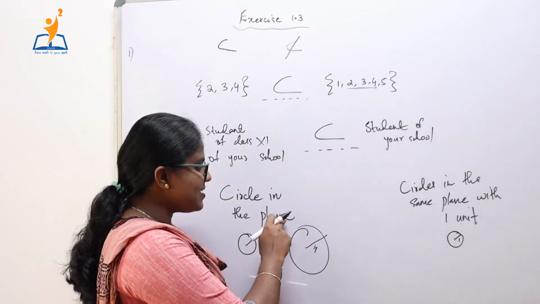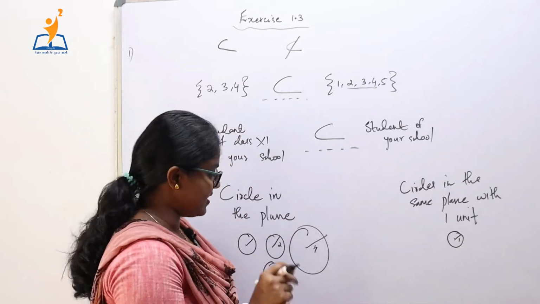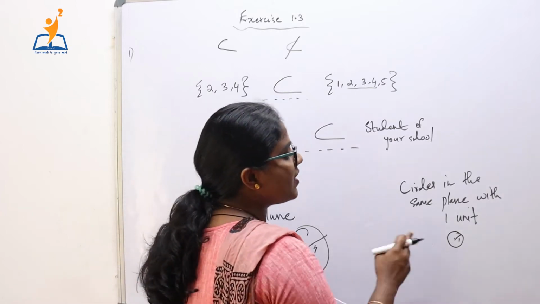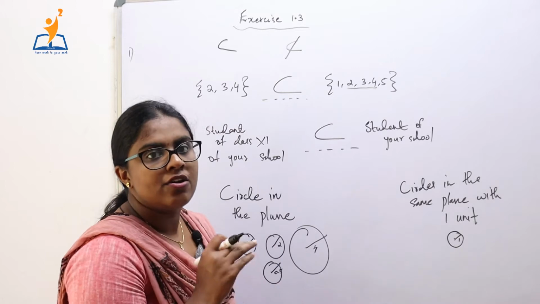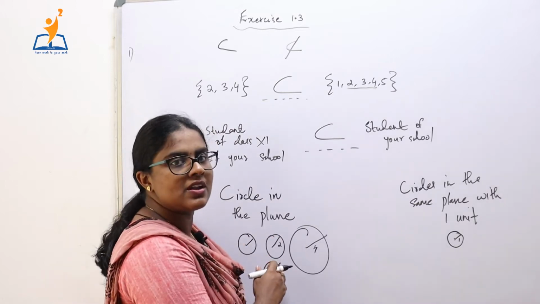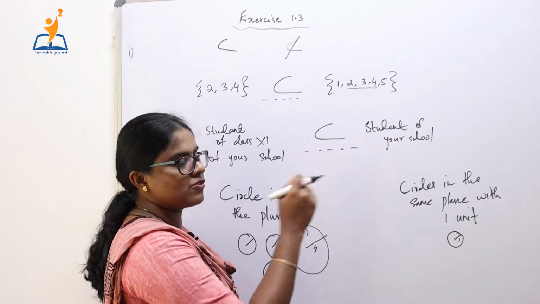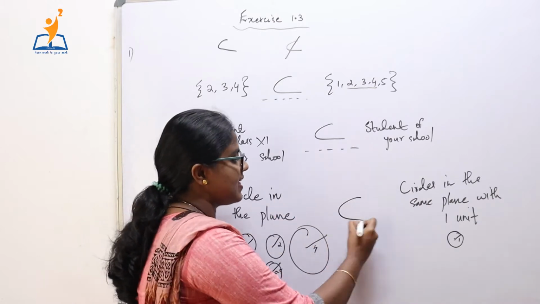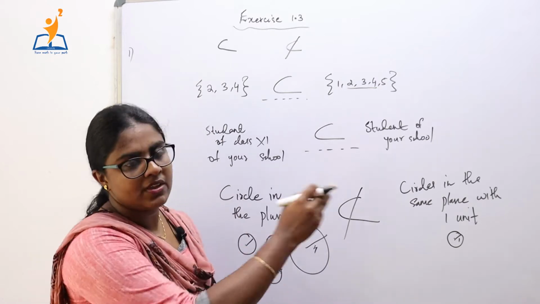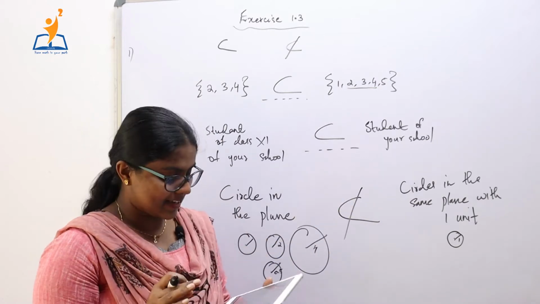So is this set a subset of that set? Here we have a circle with a radius of 4 units, but the other set does not have a circle with a radius of 4 units, which means not every element of this set belongs to that set. So we can say that this particular set is not a subset of that set. It is clear, I think.